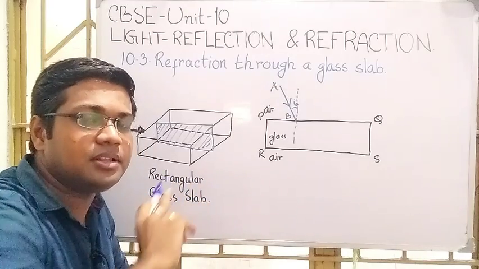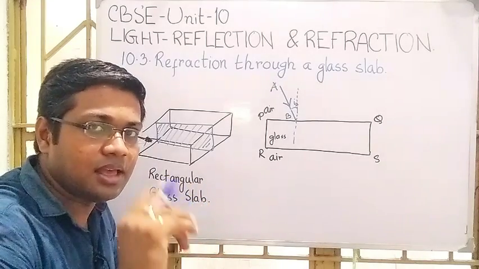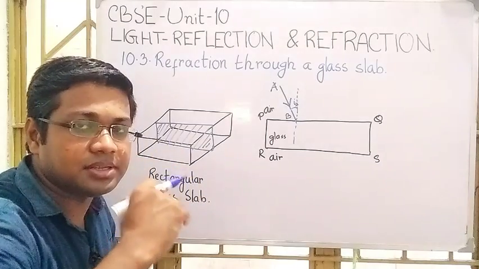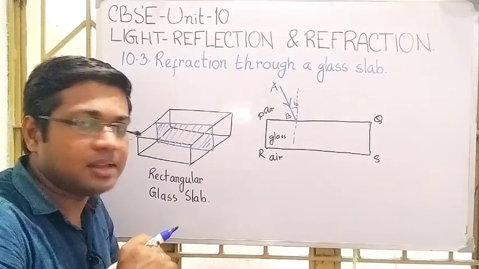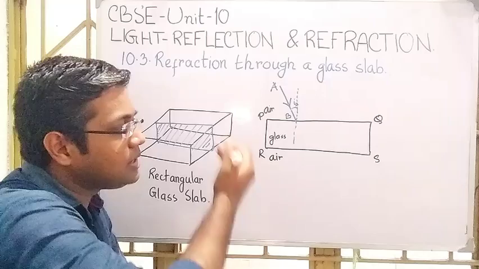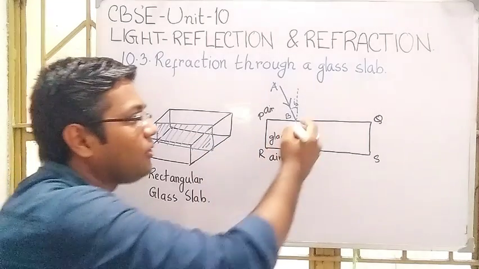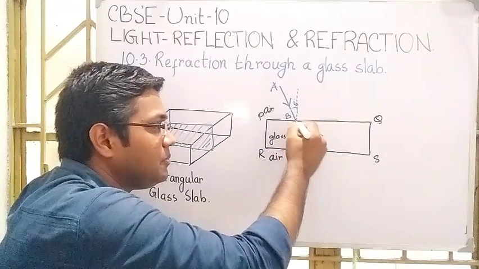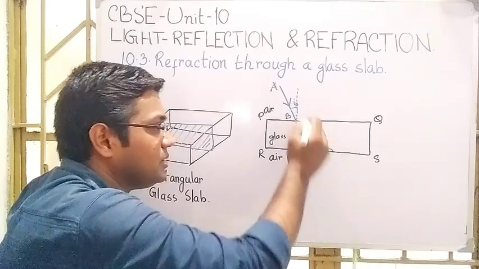If you are continuing this video lecture series, then you know what the cause behind this is, why the light ray bends toward the normal, just like this.